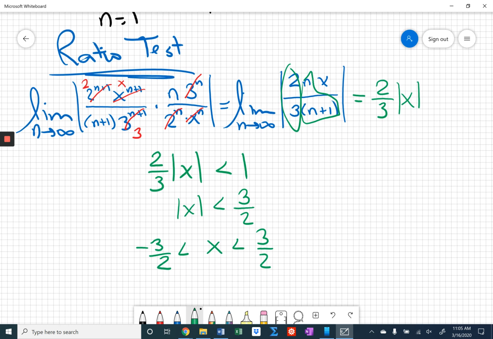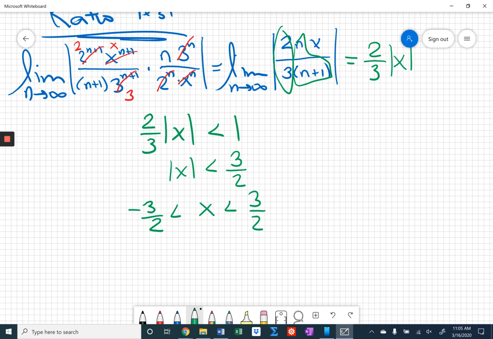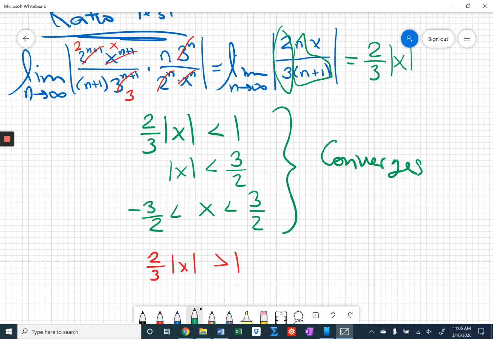Now remember, the ratio test tells us that the series diverges if the limit is greater than 1. So we get 2/3 times the absolute value of x greater than 1. Actually, let me go back and write this. This is going to be the converge part. Converges.